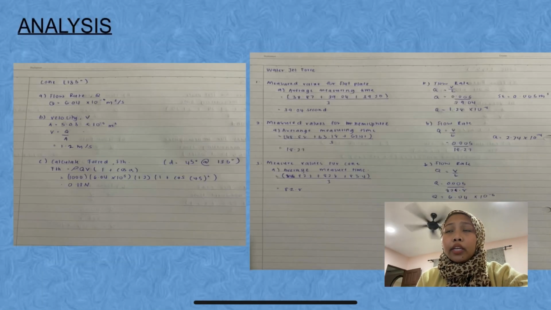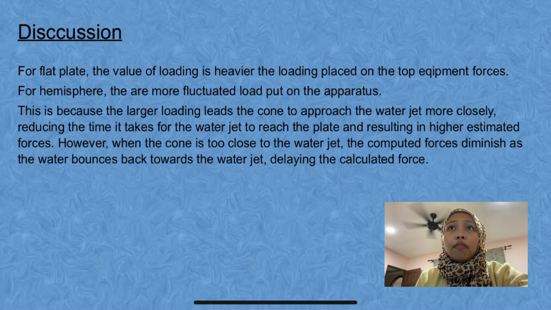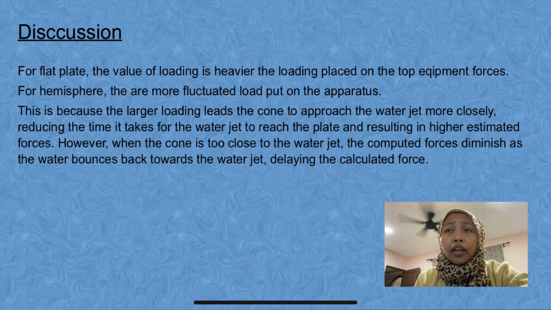We calculate the data. So the discussion is, for the flat plate, the value of loading is heavier, the loading placed on the top of the equipment post. For the hemisphere, there is more fluctuating load put on the apparatus.